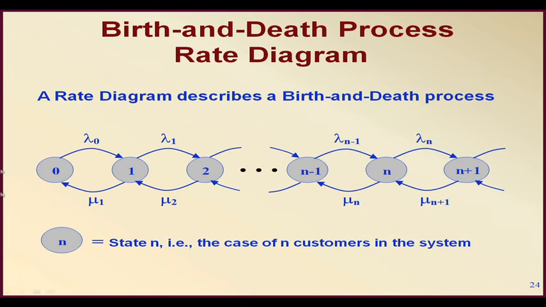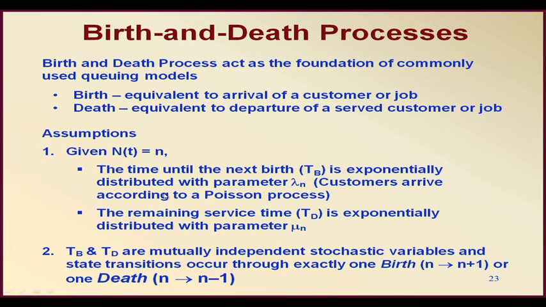Now, once the rate diagram is constructed, you can see that it shows the states of the system, that is 0, 1, 2, and so on, and they are state dependent. We are also making an assumption that state transitions occur through exactly one birth or one death.